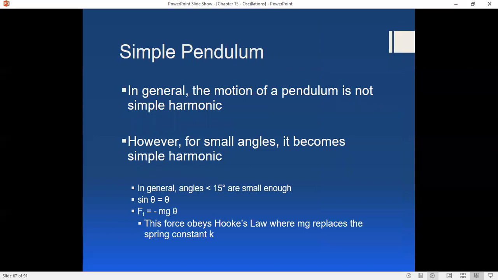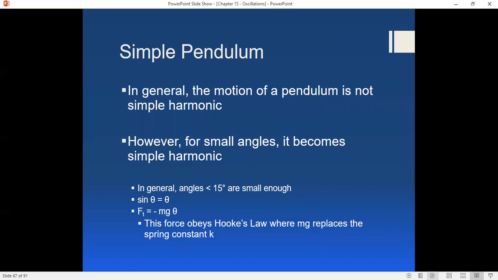So in general, the motion of a pendulum is not a simple harmonic motion. However, for small angles, saying that it becomes a simple harmonic oscillator isn't completely accurate, but essentially, its motion will become very, very similar.